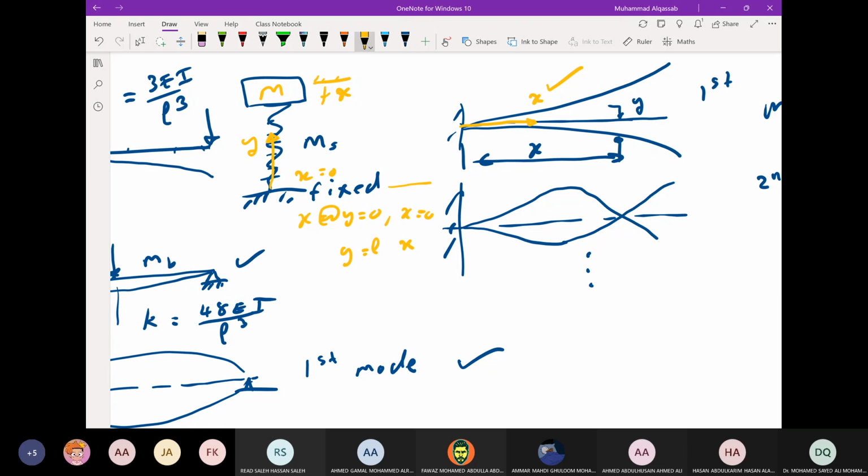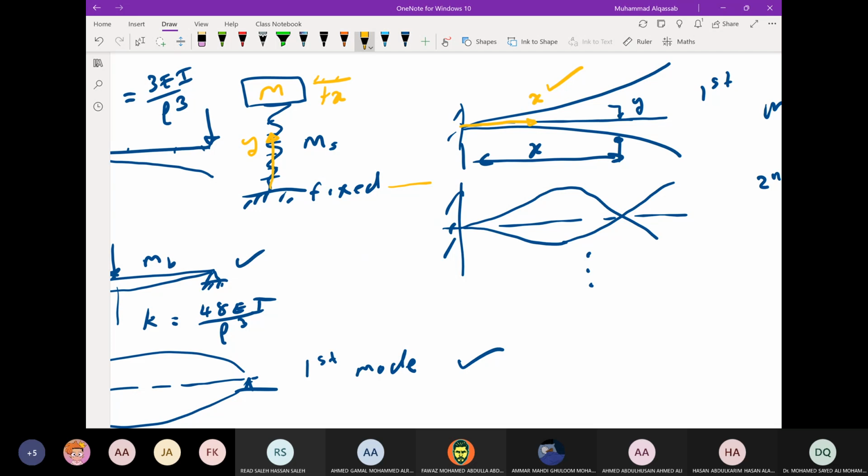That's called the shape function. Since we need the kinetic energy, we find the expression for the velocity, x dot. Here x is the motion of the mass.